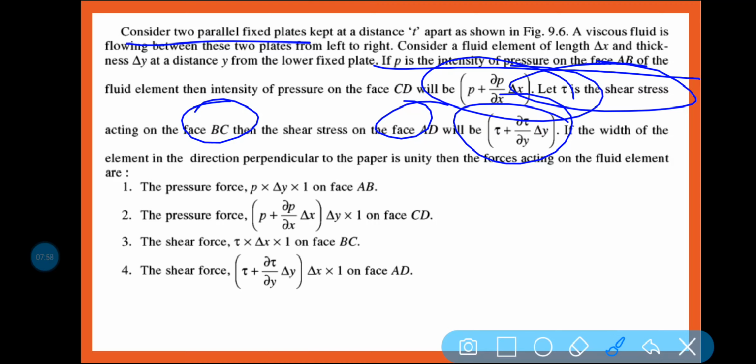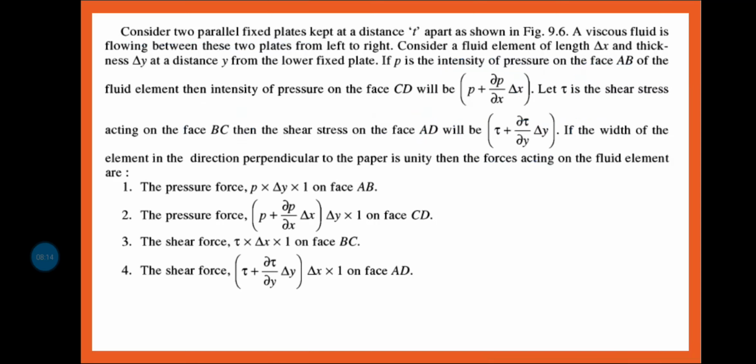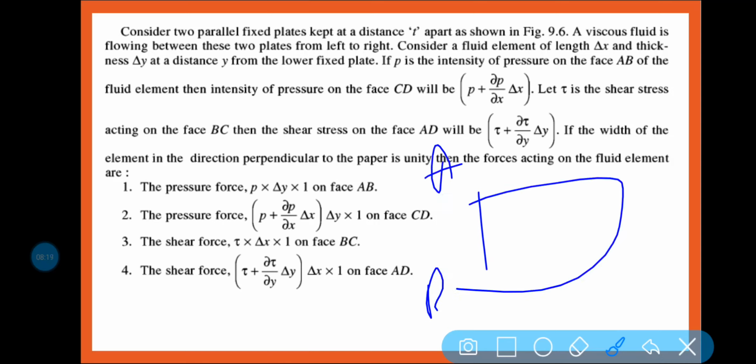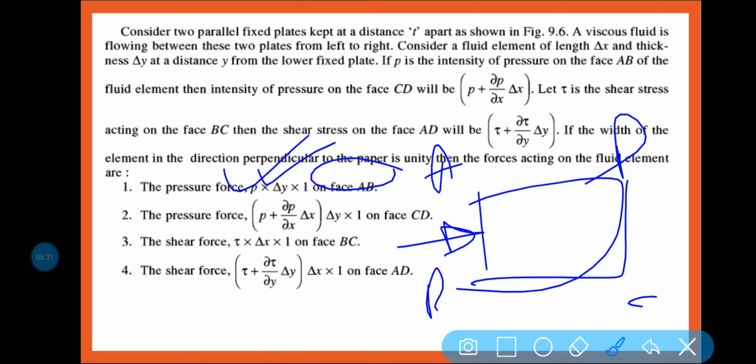If the width of the element in the direction perpendicular to the paper is unity, the forces acting on the fluid element are as follows. If ABCD is our small element, there will be pressure force, that is, pressure into area: P into delta y into 1 on face AB.